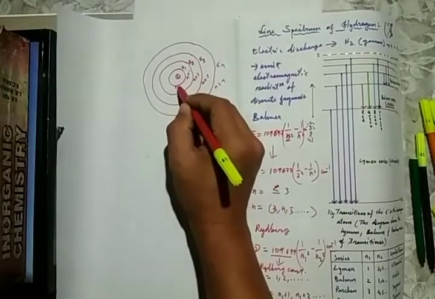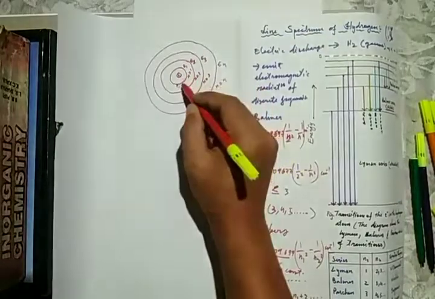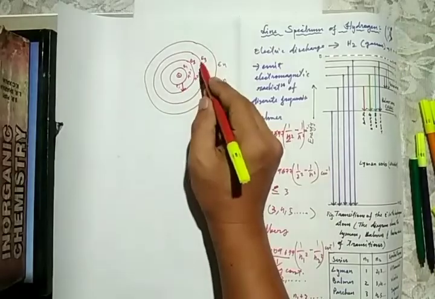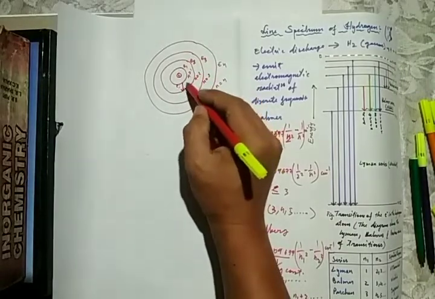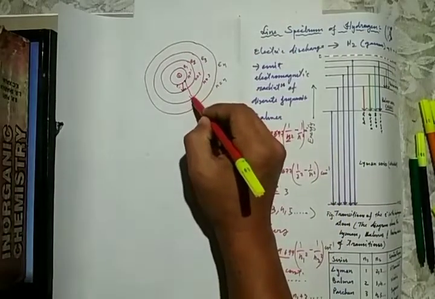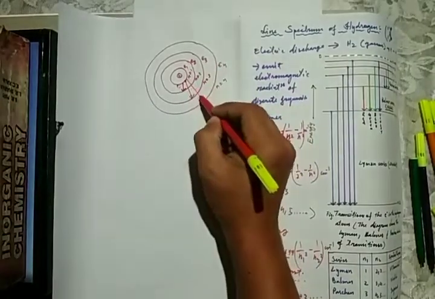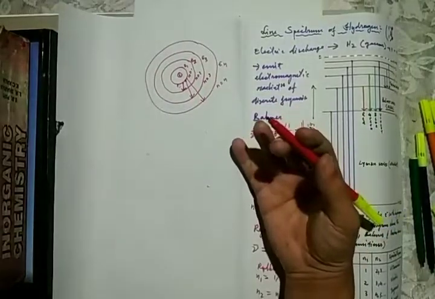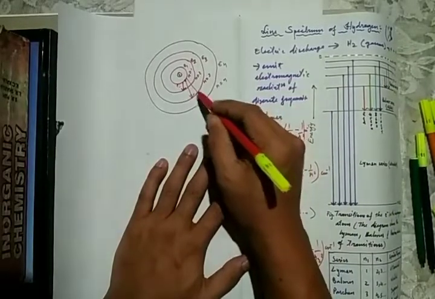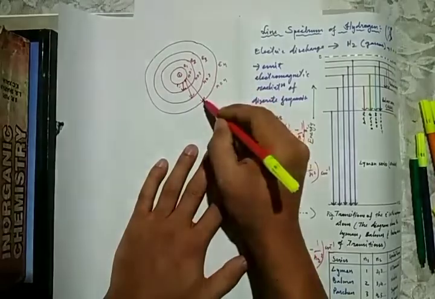Let us suppose this electron is in the ground state. After gaining energy it is excited to the second energy state E2. On further absorbing higher energy, it moves to energy state E3, and then on further absorbing electromagnetic radiation, it gets excited to higher energy, E4.